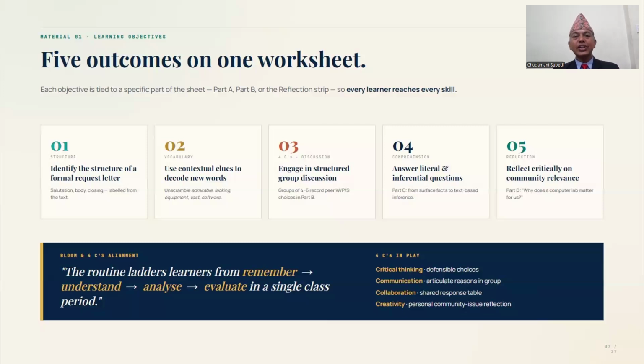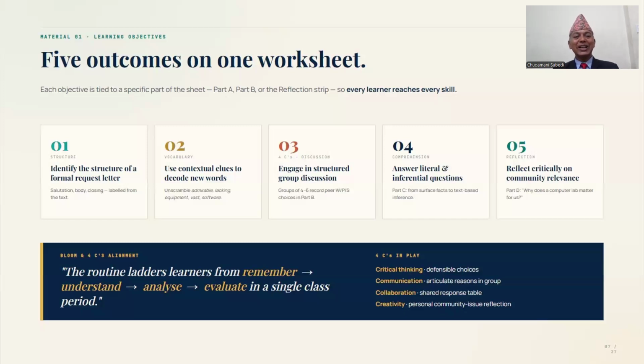Engage in structured group discussion. Group of 4 to 6, record peer word, phrase, sentence choices in part B. In comprehension, answer literal and inferential questions in part C, from the surface facts to text-based inference. Reflect critically on community relevance.